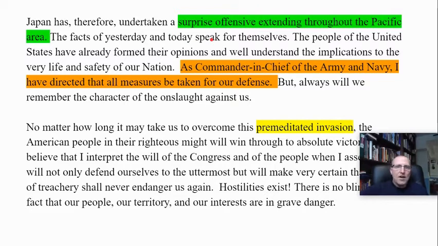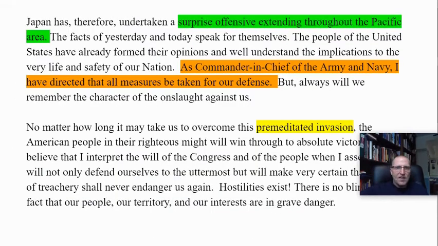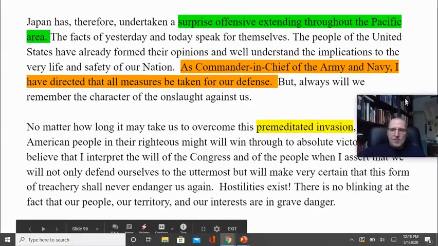All right, again, going back to the fact that we were at peace. The extending throughout the Pacific, we go through here. He's mentioning that because it's not just something that's isolated to Hawaii, right? They were going into other areas. So this is, again, more evidence to support the fact that Japan wants to control the Pacific. What else do we have? All measures to be taken for our defense. So let's continue on.